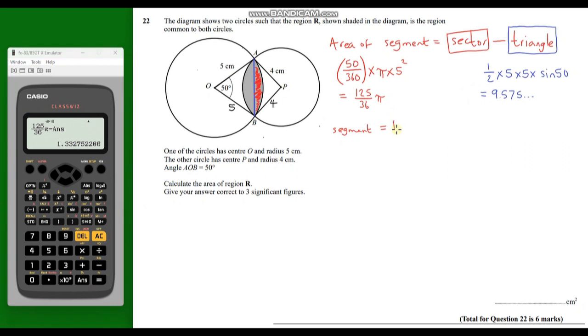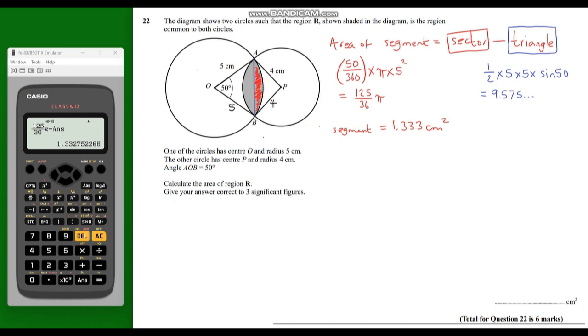And I get 1.33. We'll need to round to 3 significant figures in the end, so I'm just going to round it to 3 decimal places: 1.333. So that is going to be in centimetres squared. So that is the area of the red segment.